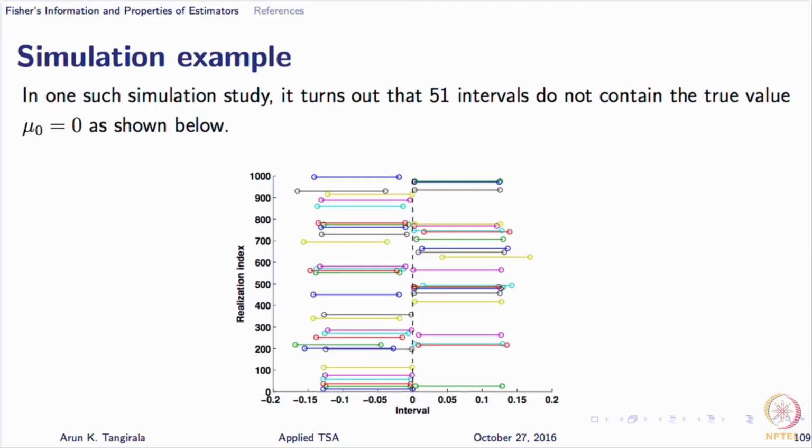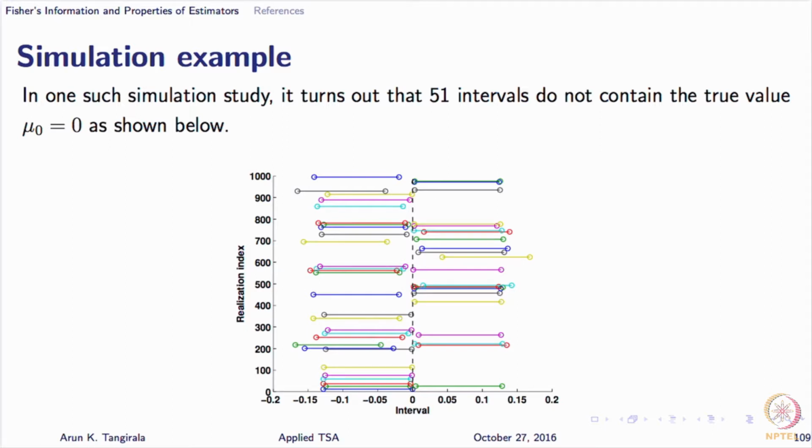It just serves the purpose. Now, what I am showing you on the screen are those intervals which have failed to capture the truth. Because this is a simulation, I know the truth is 0, and you can see I am showing you the end points of the interval, and 0 is in the middle here. You can see that these intervals are either completely to the left or to the right, which means they have missed out capturing the truth.